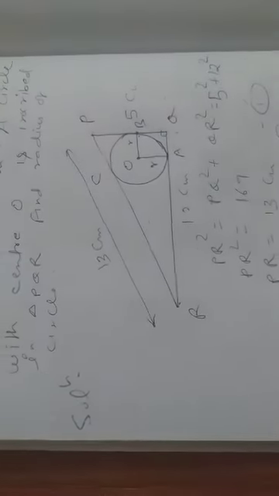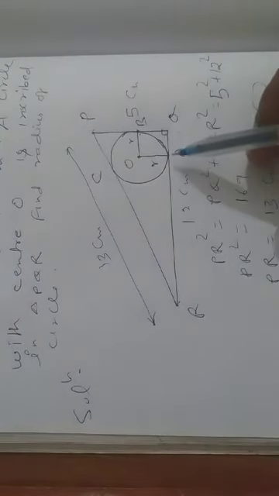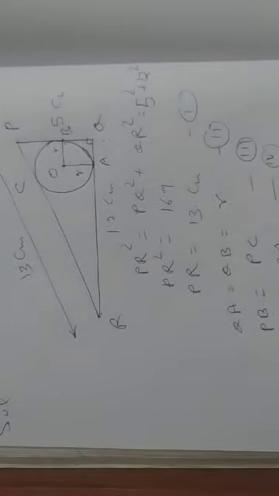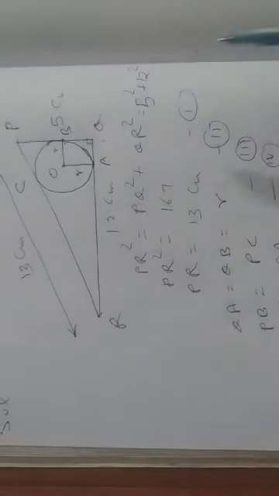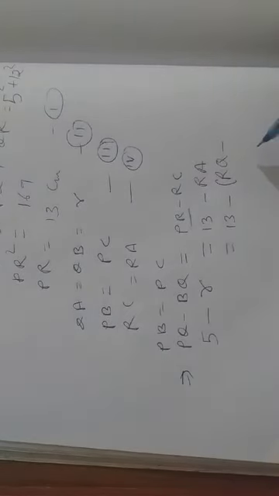From this figure we can say RA is equal to RQ minus QA. So write in place of RA as RQ minus QA, here in brackets.